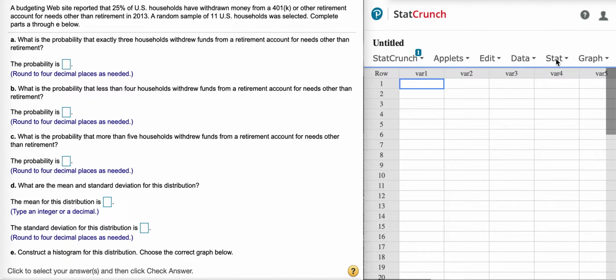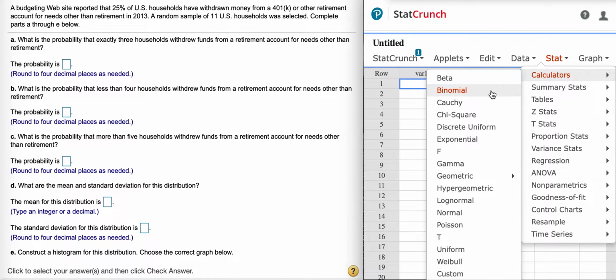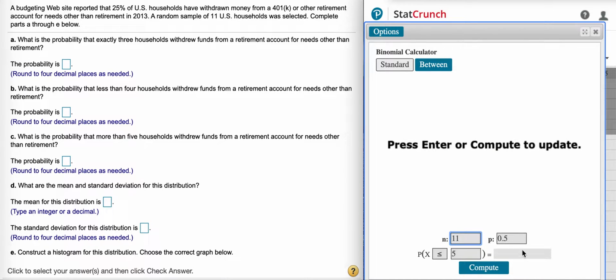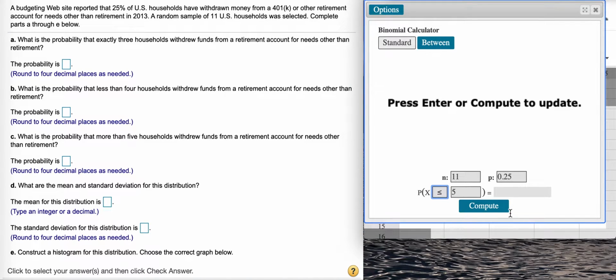So let's go to StatCrunch. I'm going to bring up my calculator for the binomial distribution. And so I'm going to put in n equals 11 and p equals 0.25. And I want to calculate the probability of first exactly 3. So we'll say equals, that pull down menu is kind of off your screen.